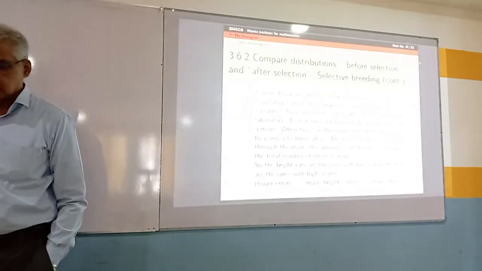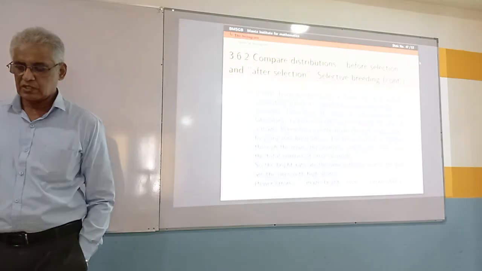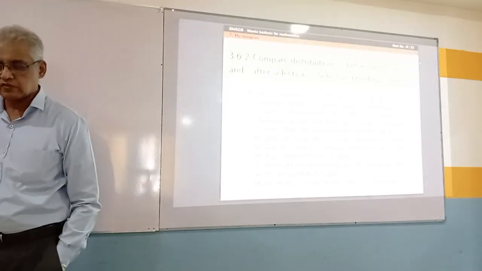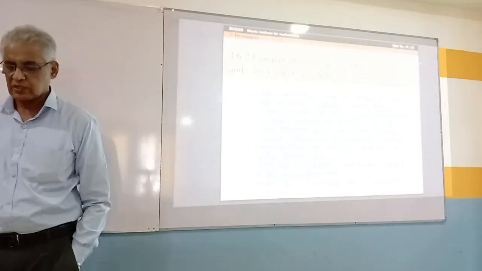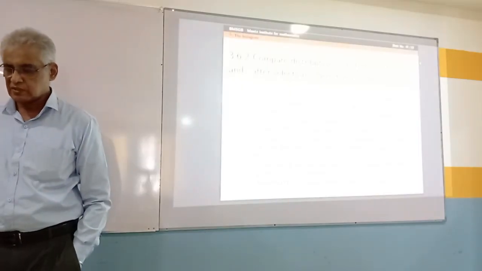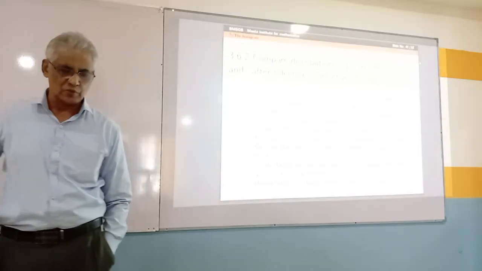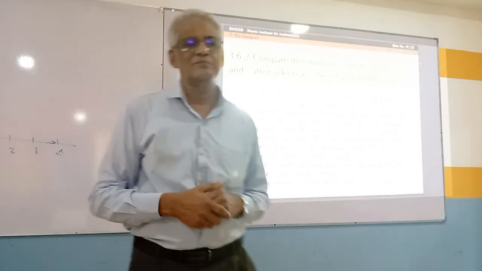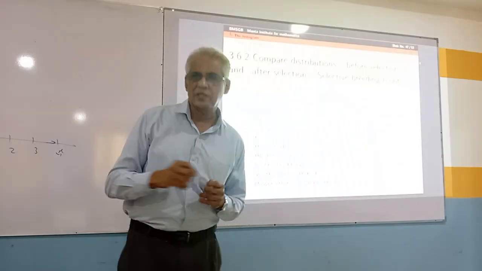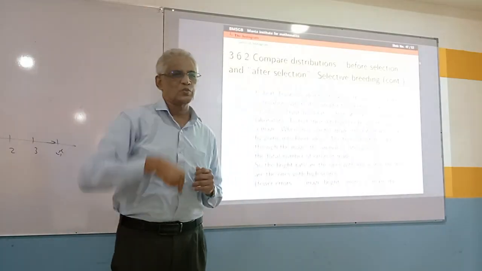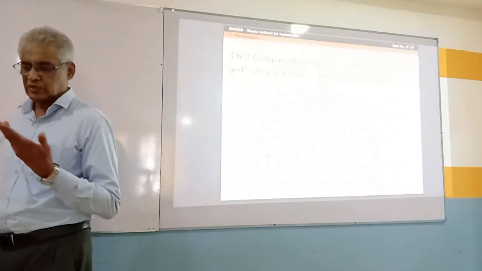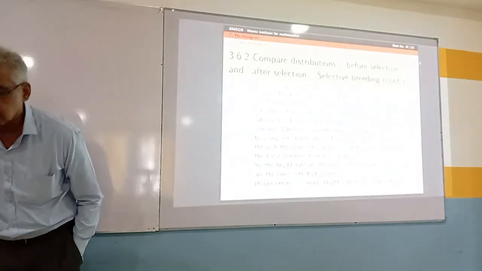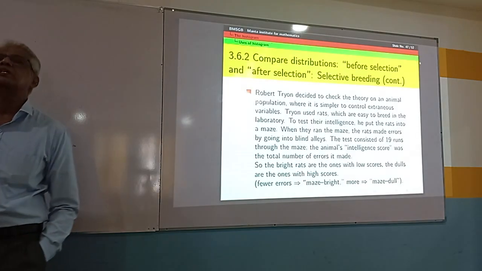Tryon used rats, which are easy to breed in the laboratory. To test their intelligence, he put the rats into a maze. Right? When they ran the maze, the rats made errors. So you start somewhere, and they have to go to a certain end. Some rats were able to reach that end through the maze. Some were not. So he did this experiment with 19 runs.